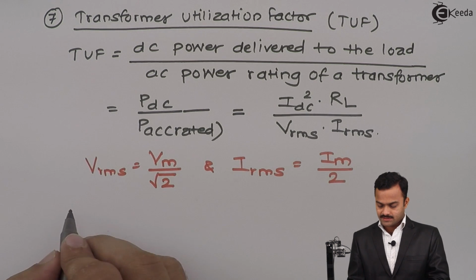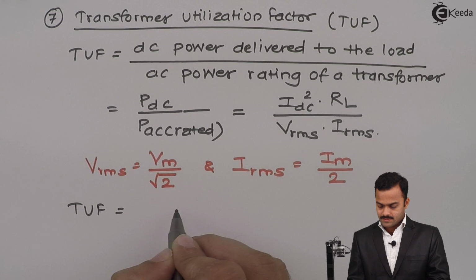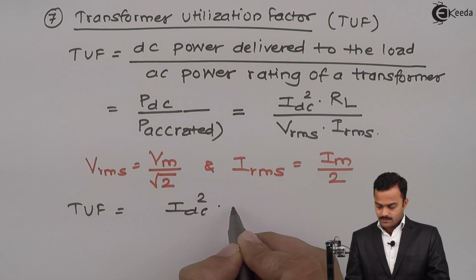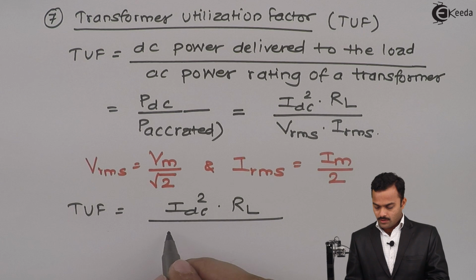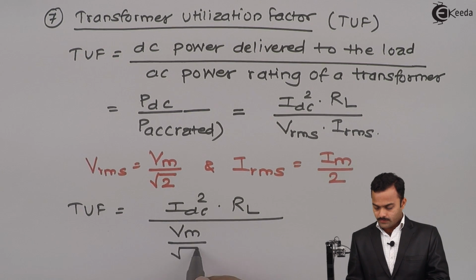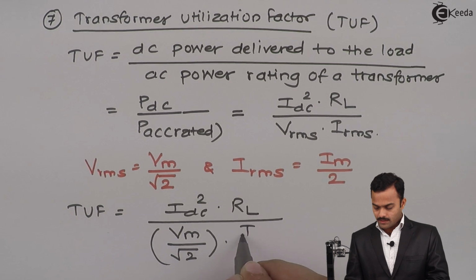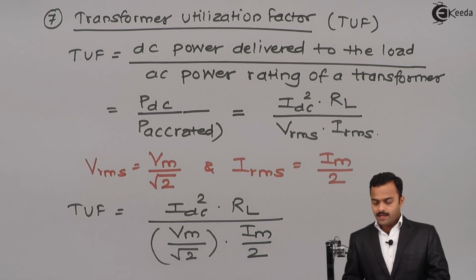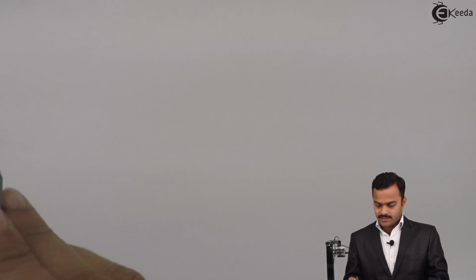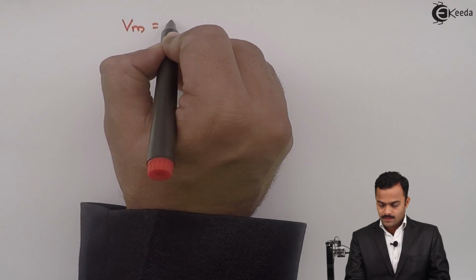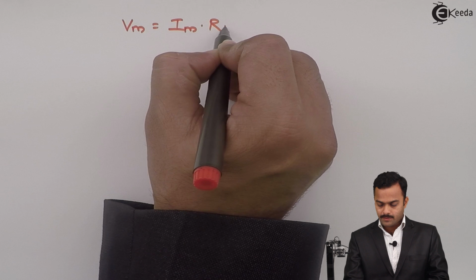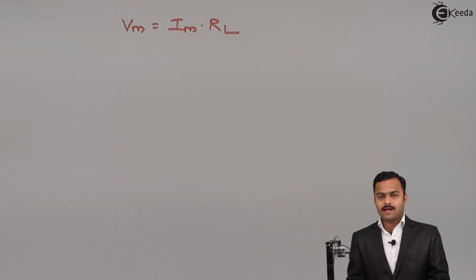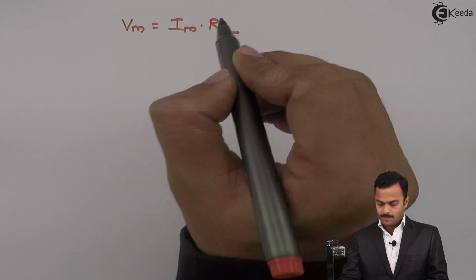So, if I substitute this, I will get TUF as IDC square multiplied by RL upon Vm divided by root 2 multiplied by Im upon 2.